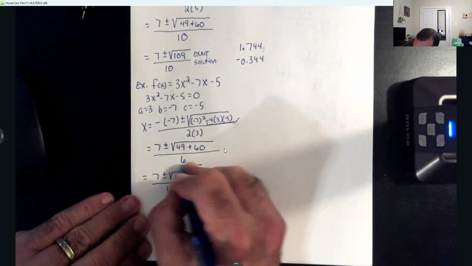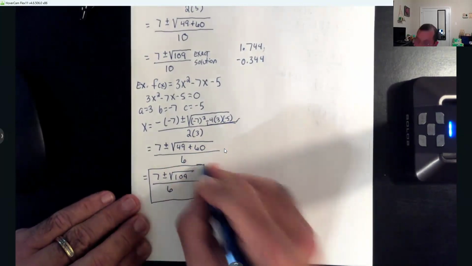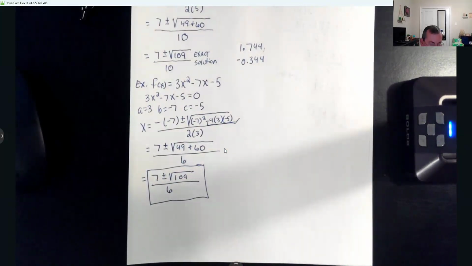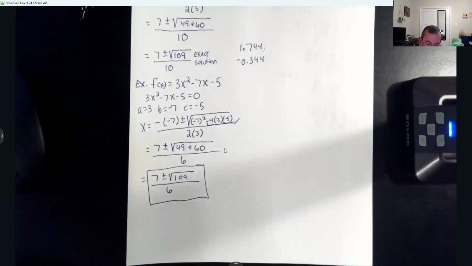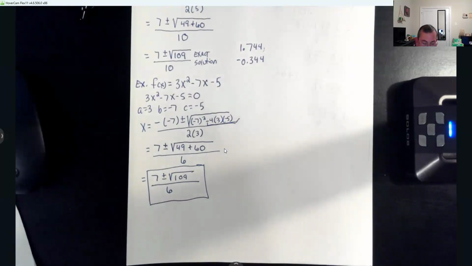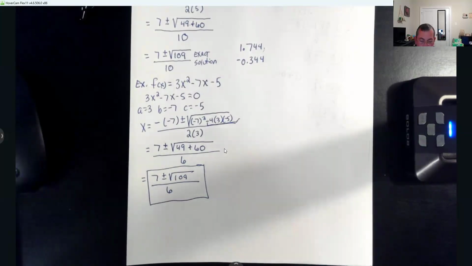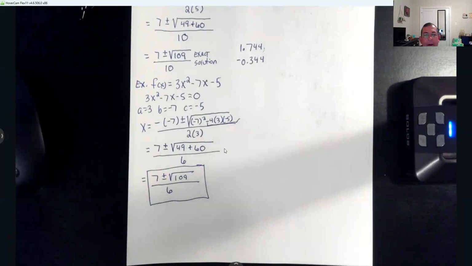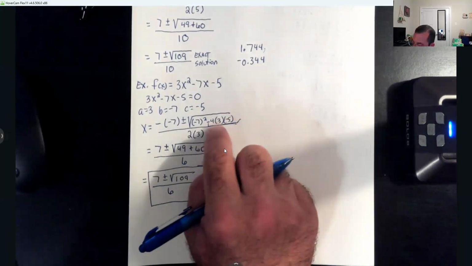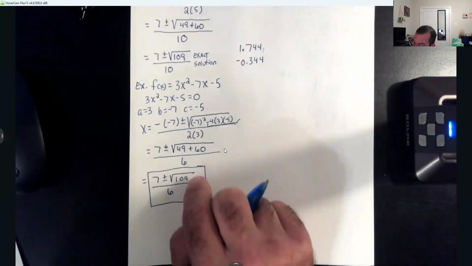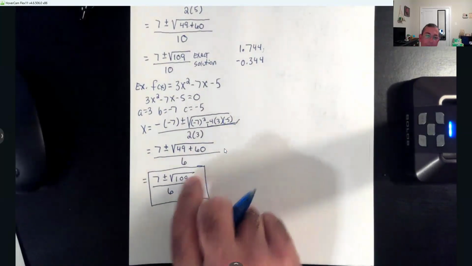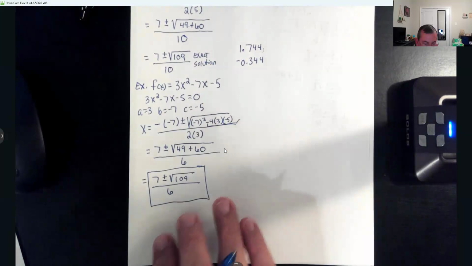So that is our final answer. So y'all really gotta watch out for working that radical, being able to simplify the radical if needed. If these numbers don't have those factors in them, you leave it there and be done, okay?